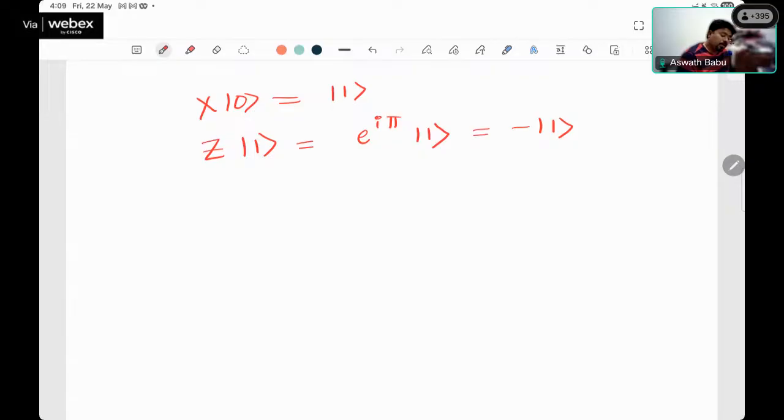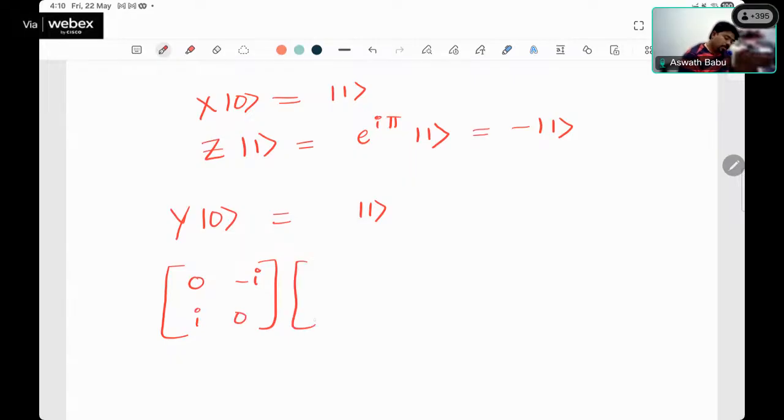Okay. Now, if I want to have both actions, I can take a Y gate. What does a Y gate do? Y flips 0 to 1. At the same time, it adds a phase. Okay. So the Y gate is actually the matrix 0, minus i, i, 0.